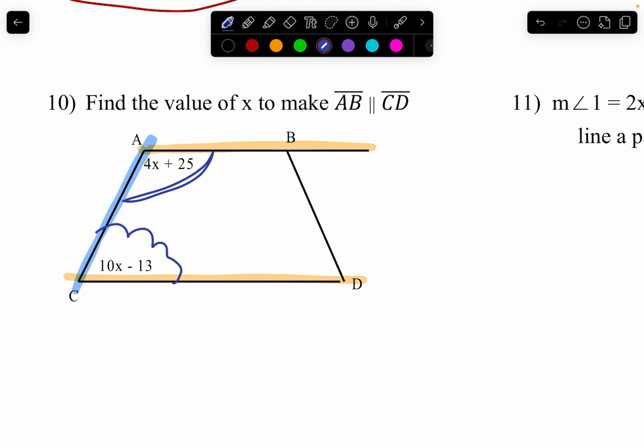Both of these angles are on the same side of their transversal, and they're also on the interior of their parallel lines. This makes these angles consecutive interior, and the relationship that consecutive interior angles have is that they're going to be supplementary. So I know that I need to set both of those angles when added together equal to 180 degrees. So let's do it.